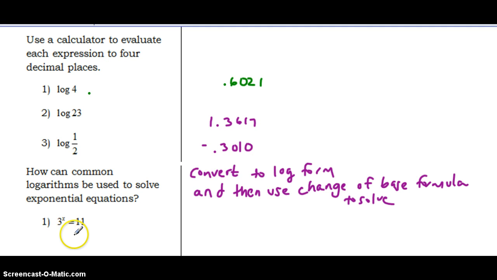So let's first convert to the log form: log base 3 of 11 is equal to x. And then we're going to use the change of base, so it would be log 11 divided by log 3 to find our x. Go ahead and try that and bring it back.